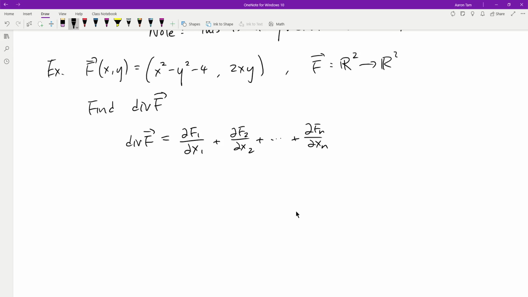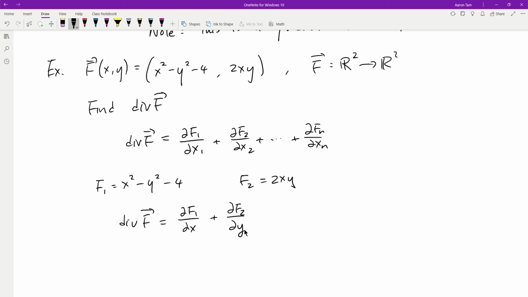It's also a good idea to identify F1 and F2 so that you can use the formula correctly. Based on the way the expression is written, F1 seems to be x squared minus y squared minus 4, and F2 seems to be 2xy. For a function that maps from R2 to R2, the divergence of F would simply equal dF1 over dx plus dF2 over dy.